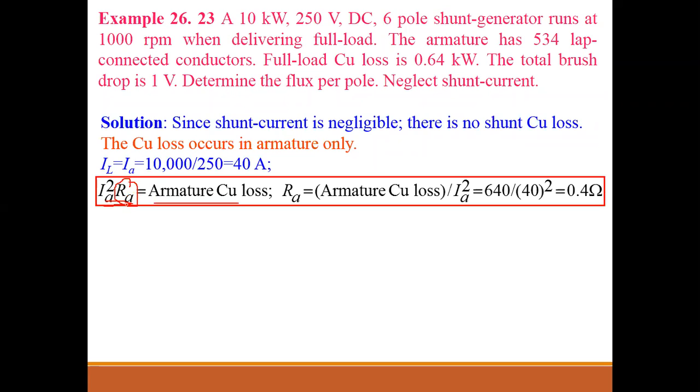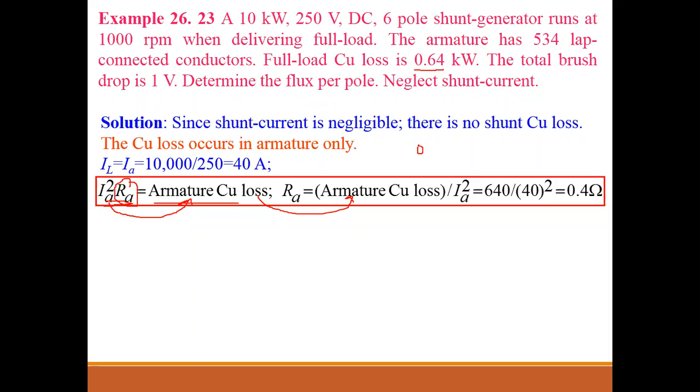To find RA, we shift IA square to the right-hand side for division. So RA is equal to armature copper loss divided by IA square. The armature copper loss given here is 0.64 kilowatt.